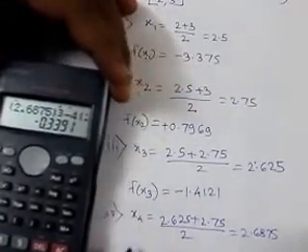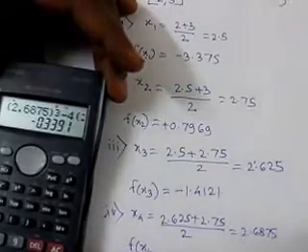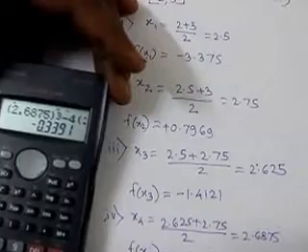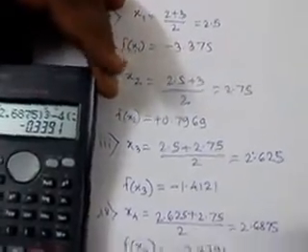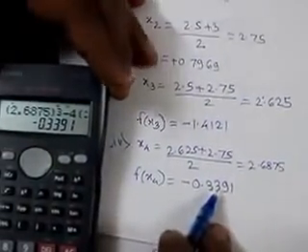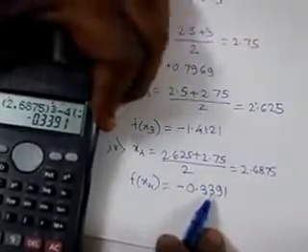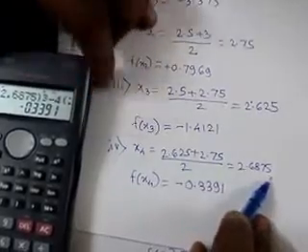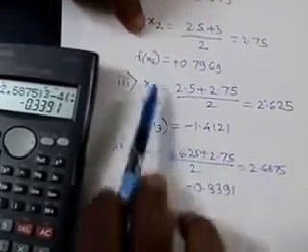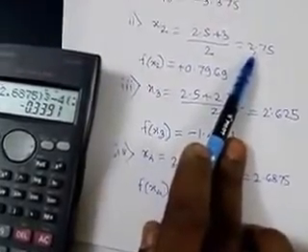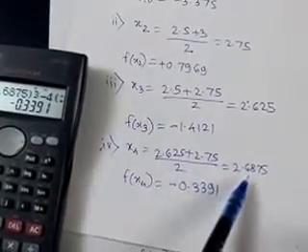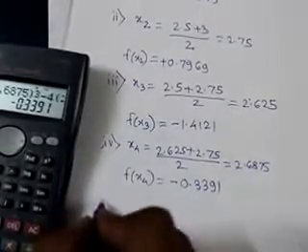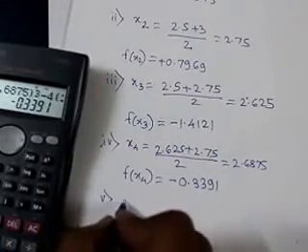So f of x4 is minus 0.3391, which is less than 0, which means that the root will lie between 2.6875 and the last positive value that we had, which was 2.75. So our root is going to lie between 2.6875 and 2.75, which is going to be our fifth iteration.